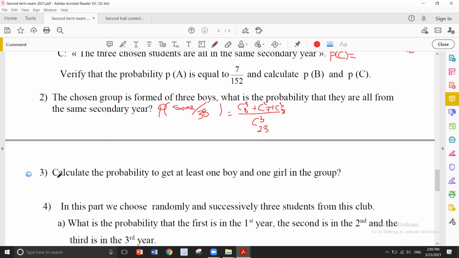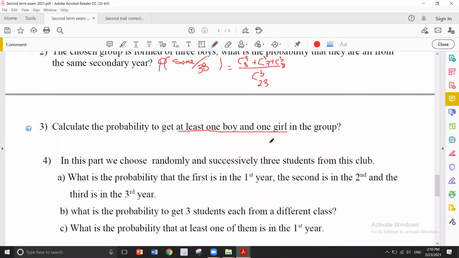You have chosen at most 2 exercises from each chapter. Calculate the probability to get at least one boy and one girl. What means this sentence? At least one boy and one girl. How to translate it?